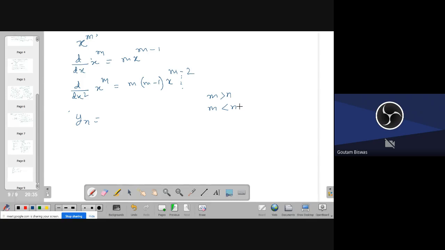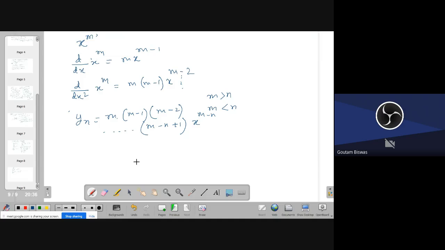When m is greater than n, the value yn exists, and it is m into m minus 1, then m minus 2, and so on, up to m minus n plus 1, into x to the power m minus n.